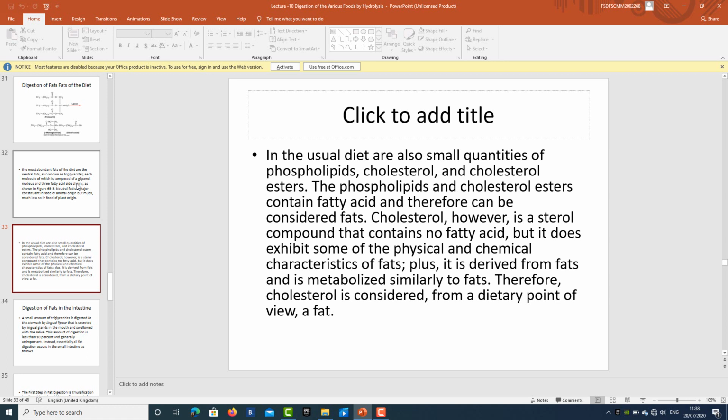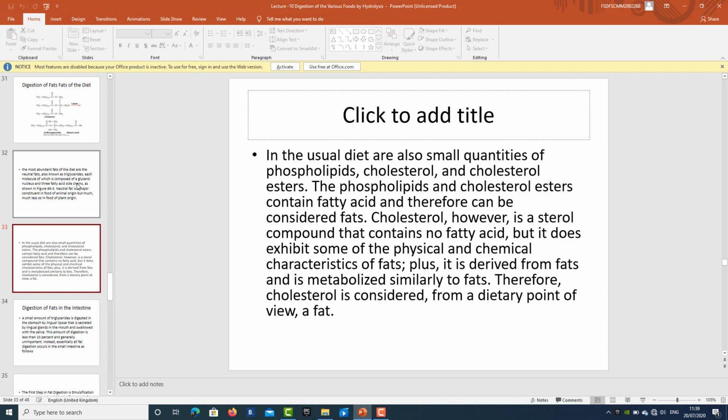Cholesterol, however, is a sterol compound containing no fatty acid, but it does exhibit some of the physical and chemical properties of fats, and it is metabolized like fats. Therefore, cholesterol is considered from a dietary point of view as a fat.